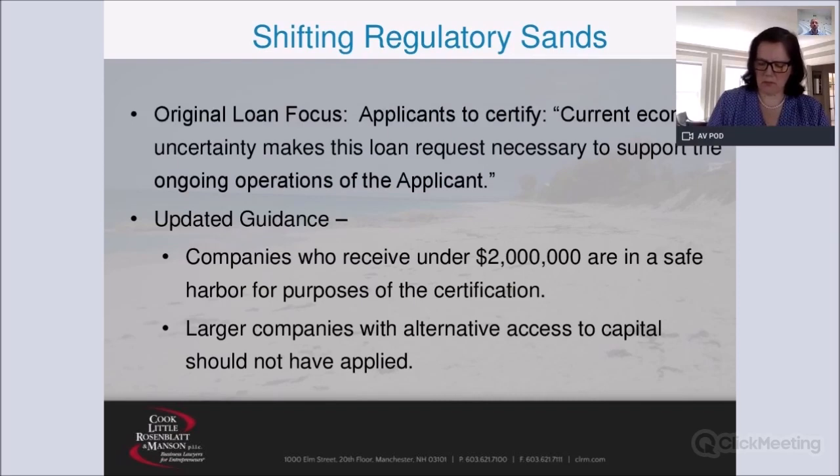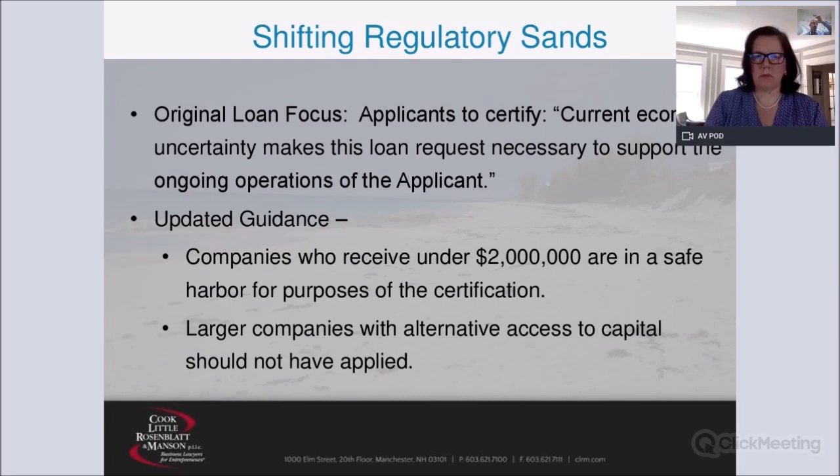They also shifted the rules in talking about this certification, and have decided that any recipient who has received less than $2 million is subject to a safe harbor. And the assumption will be that any applicant that received less than $2 million made the certification statement about the uncertainty and the loan necessity. They made that certification in good faith.